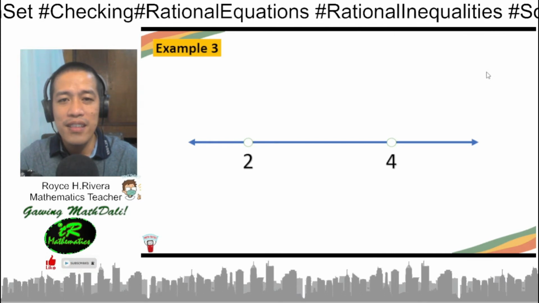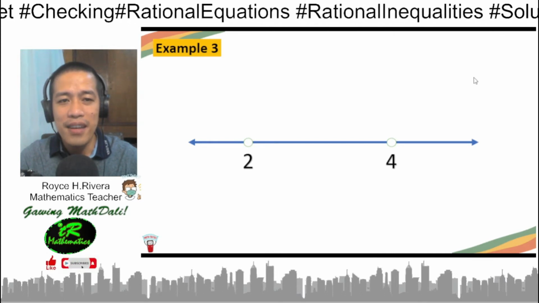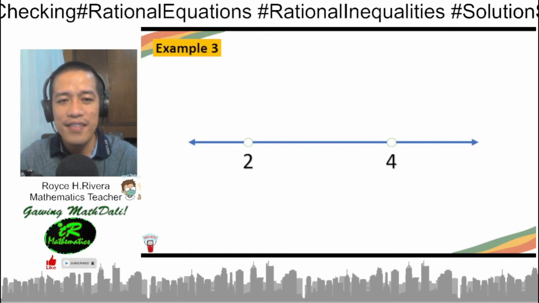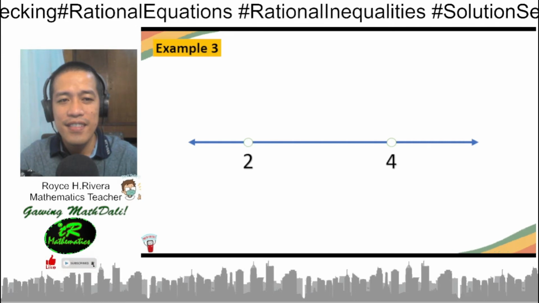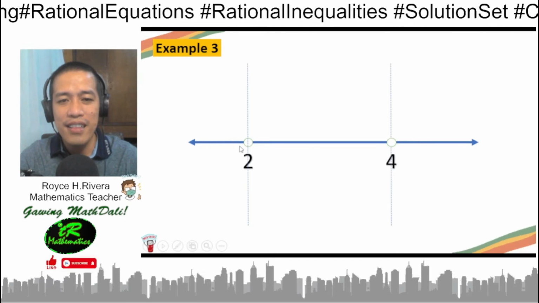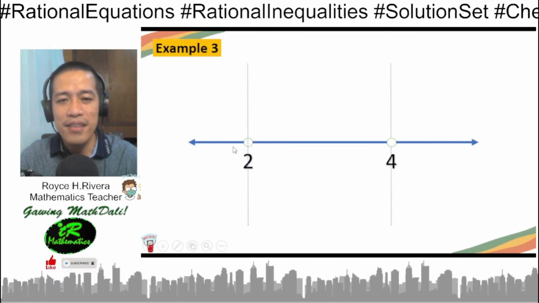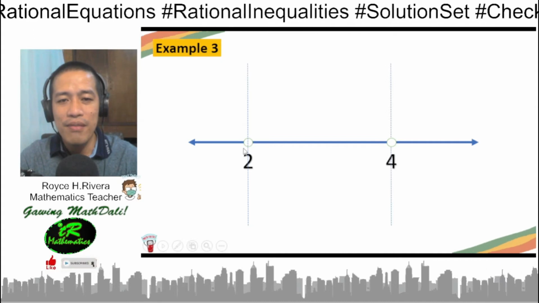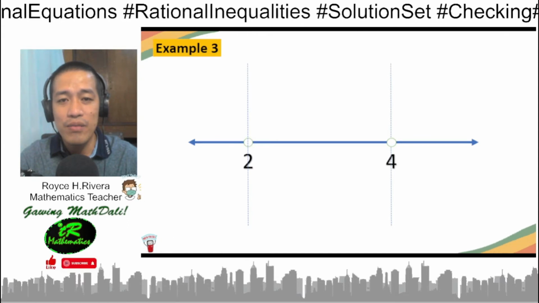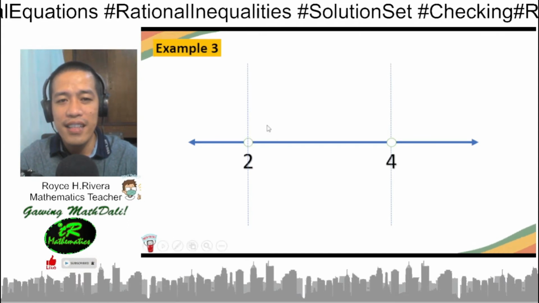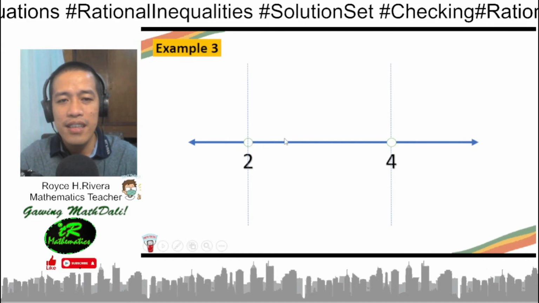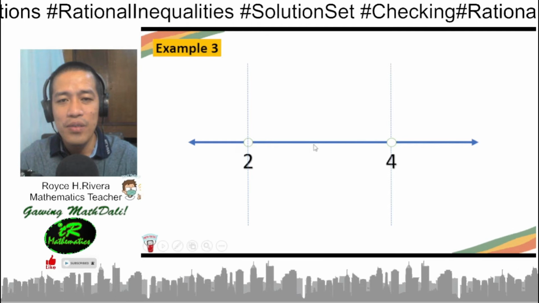The critical points divide the number line into intervals. We have the first interval, the set of numbers to the left of 2, or the set of numbers less than 2. The second interval is the set of numbers between 2 and 4.